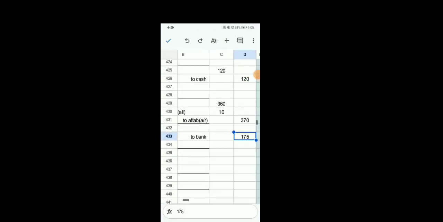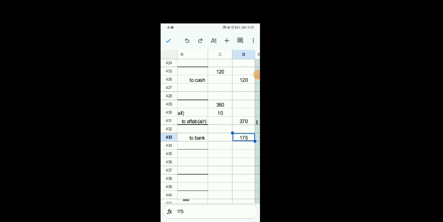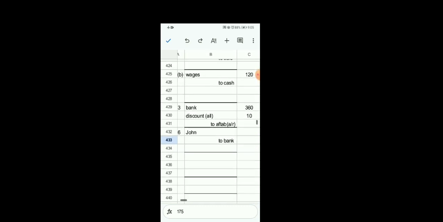Now let's see what is next. That is discount. Discount is 5 rupees. So you will mention discount. Now here you have to decide whether it is discount received or allowed. You are paying this amount. You have no authority to decide whether to pay less or not. Actually, the person to whom the amount was payable, he was John. John will decide that you can pay less.